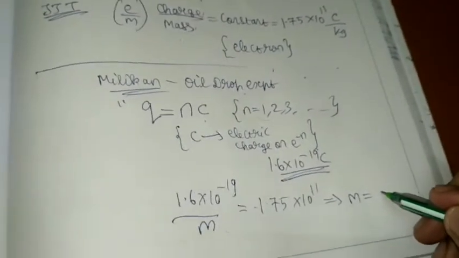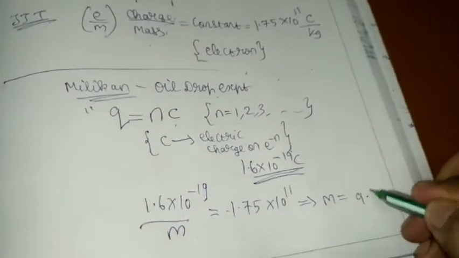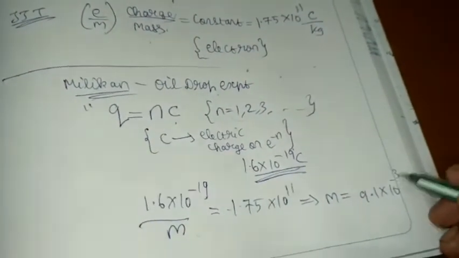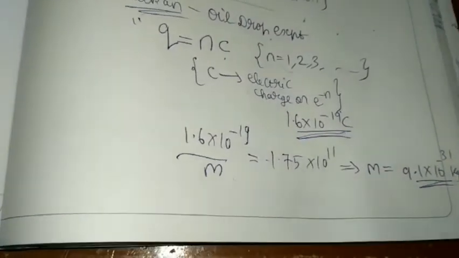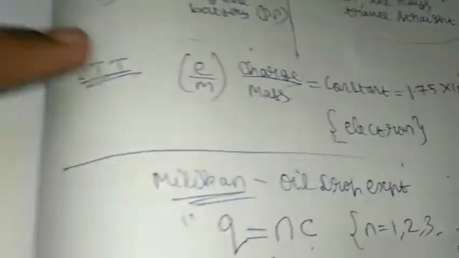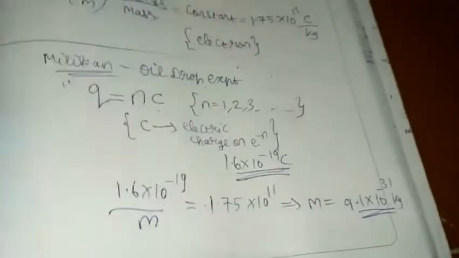It came out to be 9.1 into 10 power minus 31. All these values you have to remember. If you practice questions, it will automatically register in your mind. So this was basically the American's oil drop experiment, wherein he found the charge on the electron, and using the e/m ratio given by J.J. Thomson, he also found the mass of the electron. These were all constants.